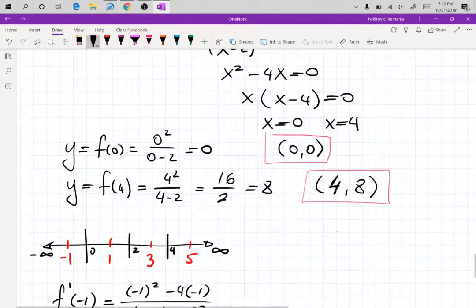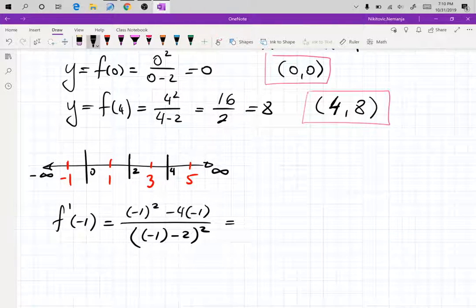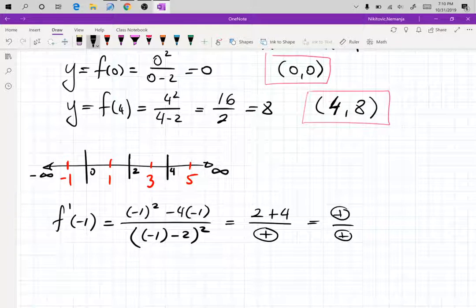Equals 1 plus 4, divided by something positive. It's squared in the denominator, right? So I have a positive number divided by a positive number, which gives me a positive number. We have an increase at negative 1.